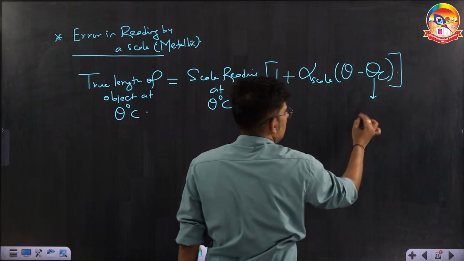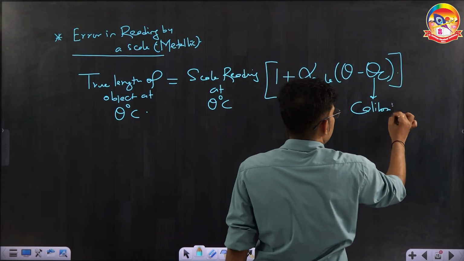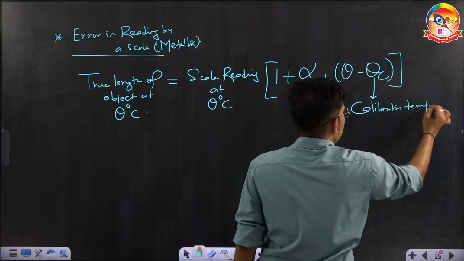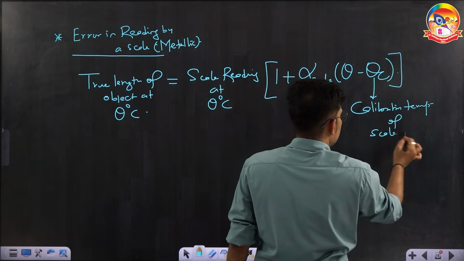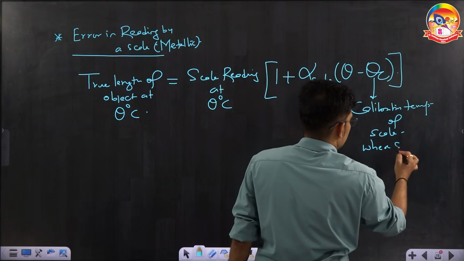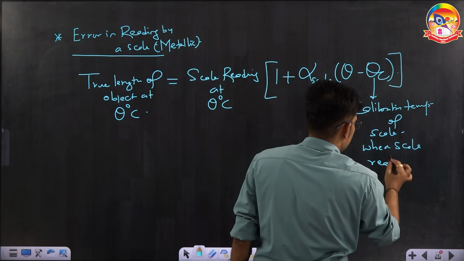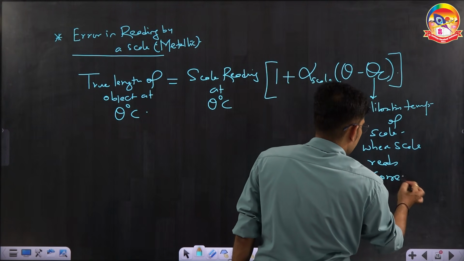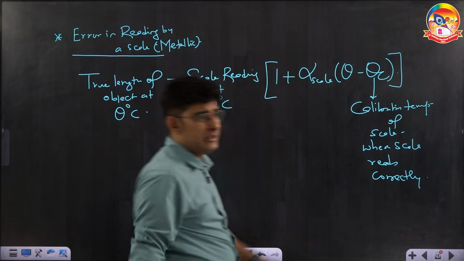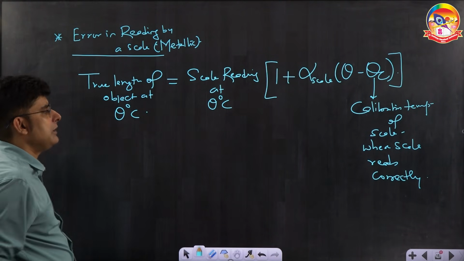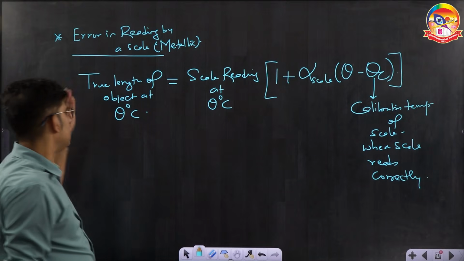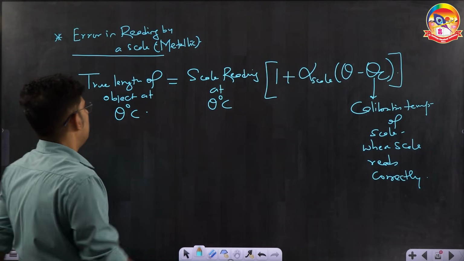Now what is theta c? Theta c is called the calibration temperature of the scale, where the scale reads correctly. If you are using it at any other temperature, then you will get a difference.